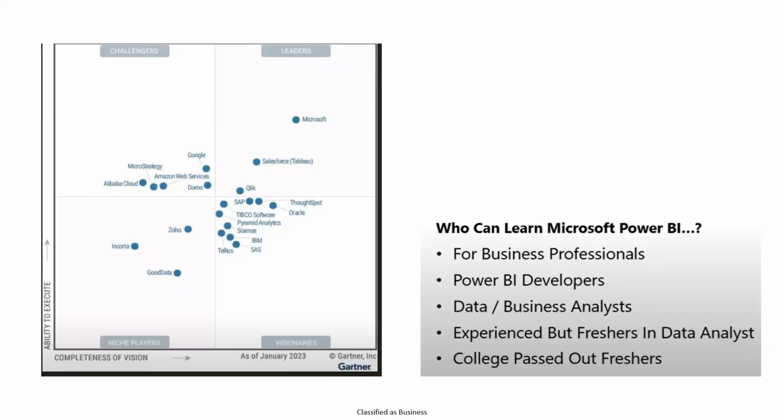Within a short period of time, from 2019 to date, 2023, Microsoft Power BI has been the leader. It is the leader because of how organizations and industries use it, as per Google Trends and many scenarios, and the many features they release on a monthly basis, with monthly updates.